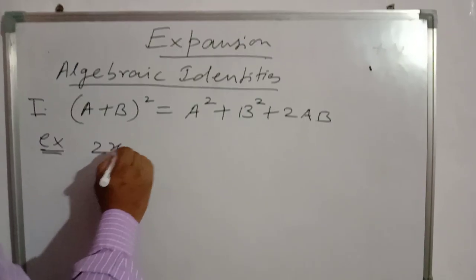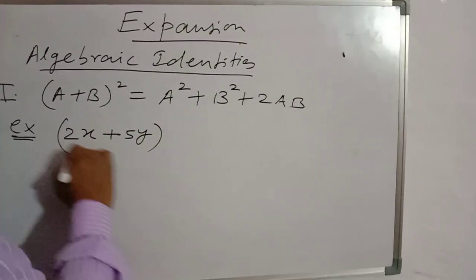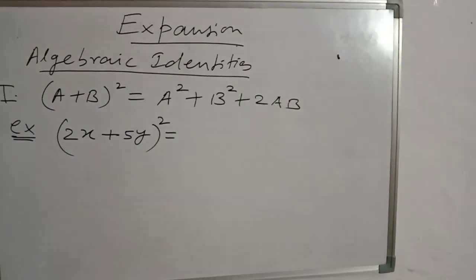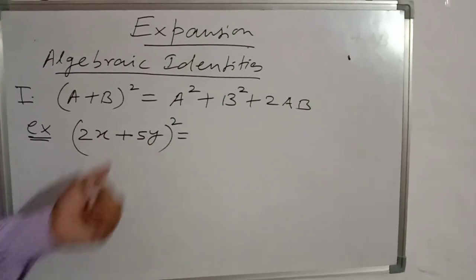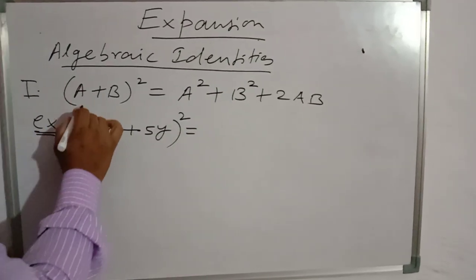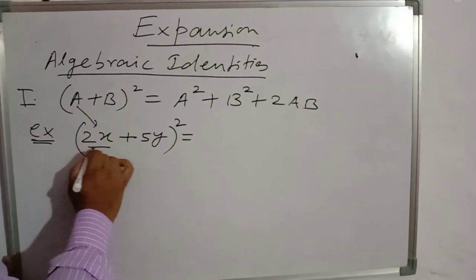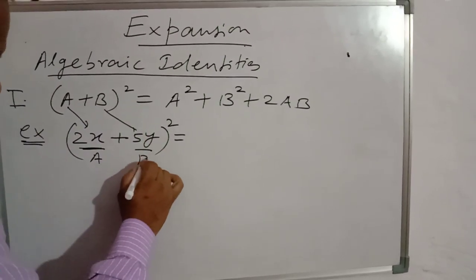Suppose we have to expand 2x plus 5y whole square. There are two terms. The first term is 2x, the second term is 5y. If we compare with this identity, what is a here? a is 2x and b is 5y.